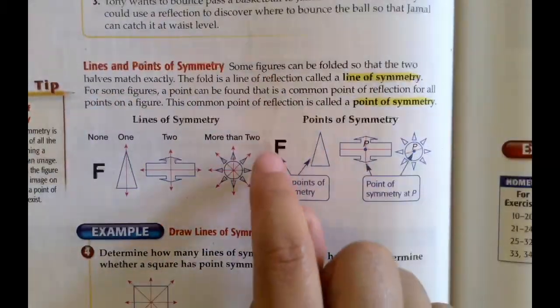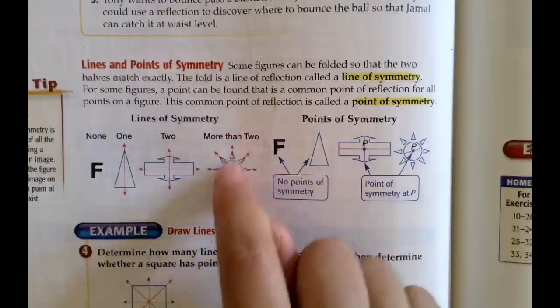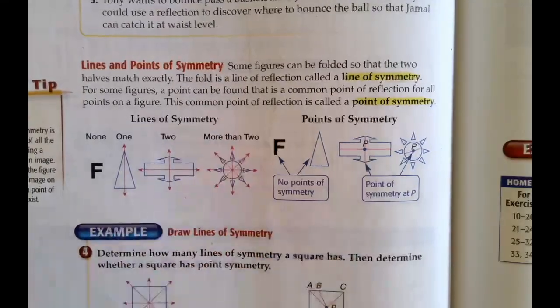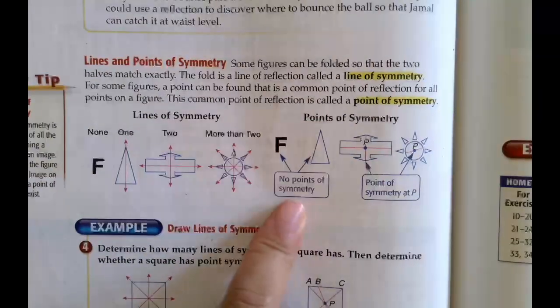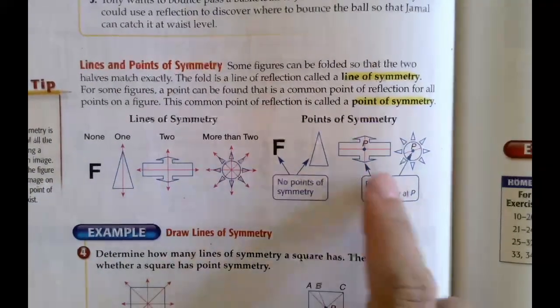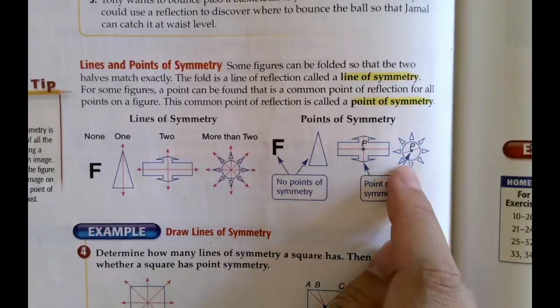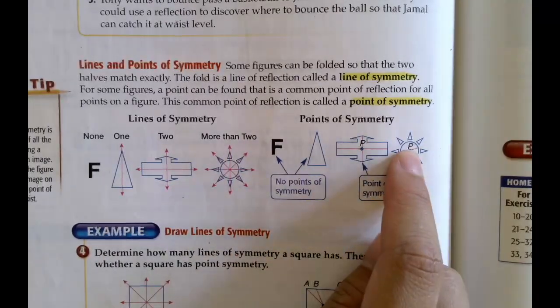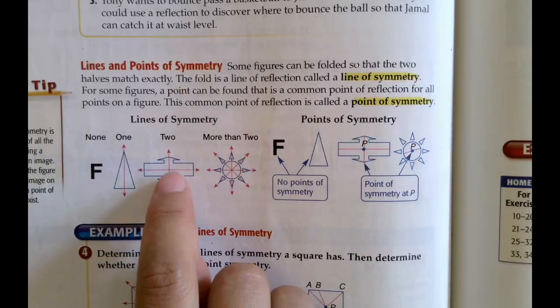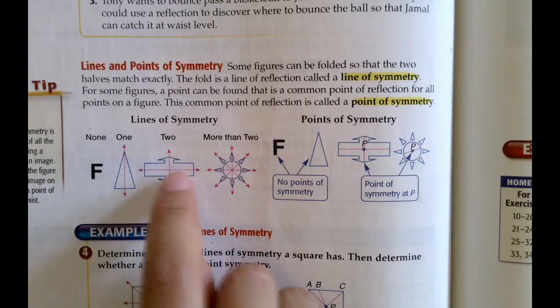This sun-looking thing, we have multiples, and that would work. For the F and the triangle, there is no point of symmetry. However, for this cross-looking thing and the sun-looking thing, there is a point of symmetry, and note that it's kind of where all of these lines of reflection cross.